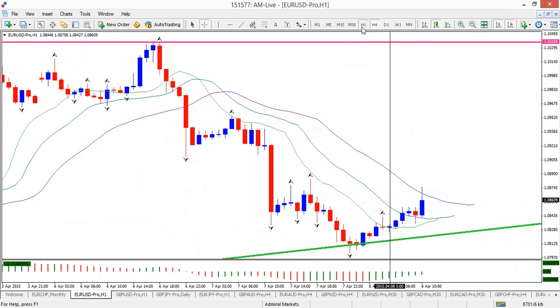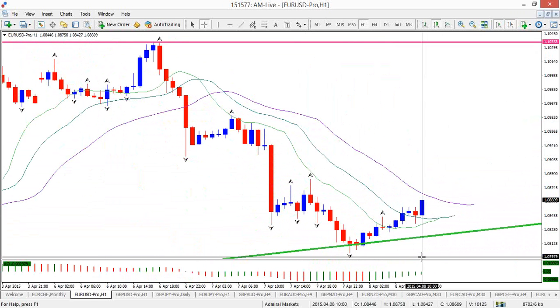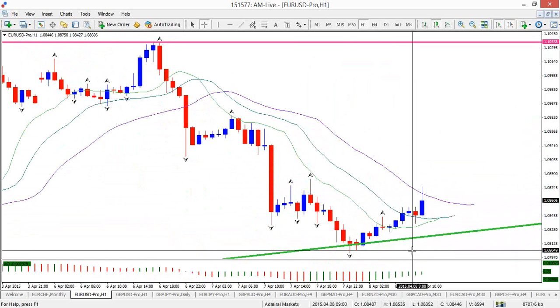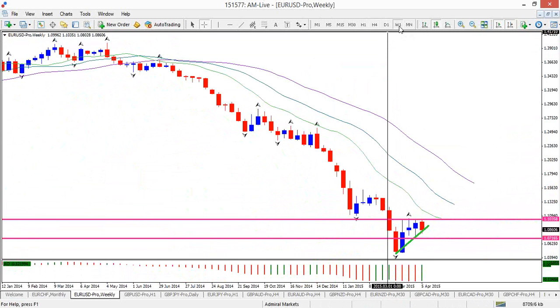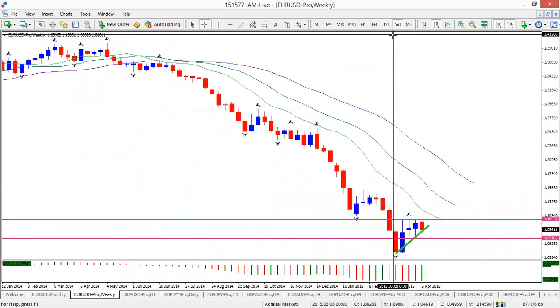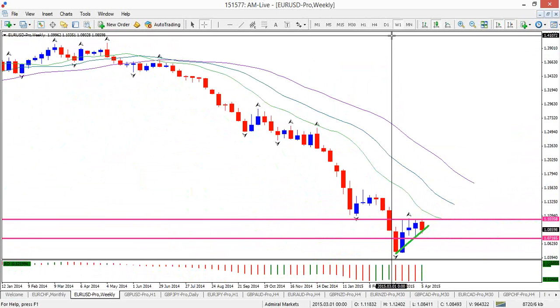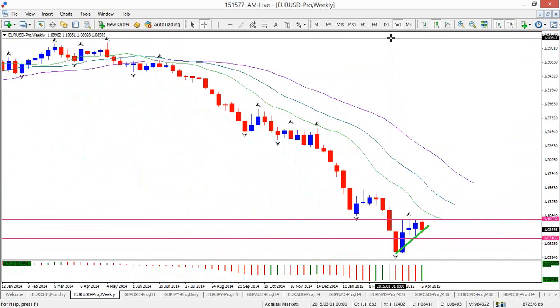But obviously, the FOMC is going to provide some guidance to that. When the Fed starts to increase its rate in September, we'll probably see signals of that in June or something like that.